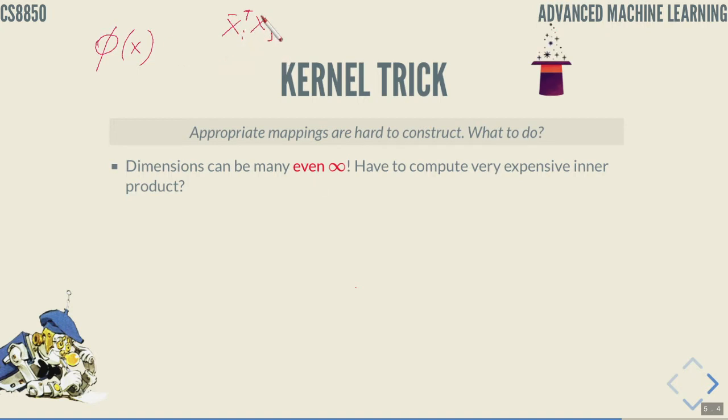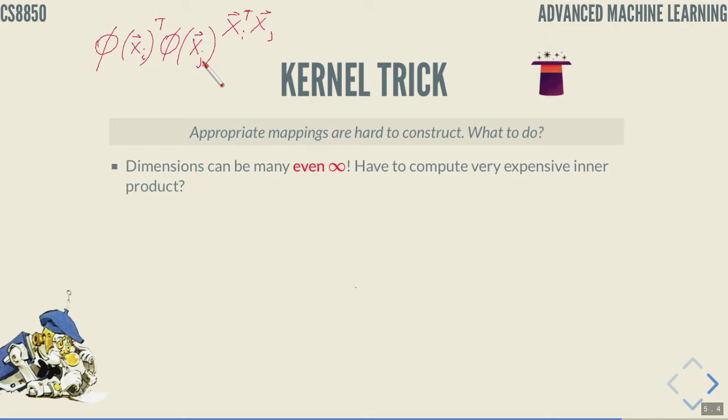They are vectors in our case. For example, our inner product is now this inner product of feature-mapped data. But this is also kind of expensive, right?